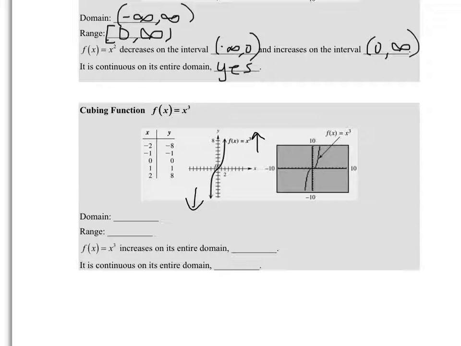Now, if I ask you the question about domain, I realize it's going down so quickly here in the third quadrant that it almost looks like the line is vertical. But think about it for a minute. Is it still scooting over to the left? If I put in some value for x and I cube it, can I get two different values of y for the same x?